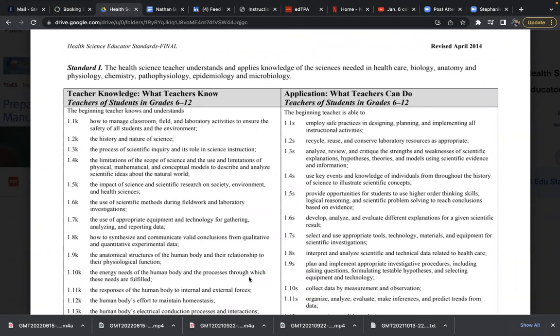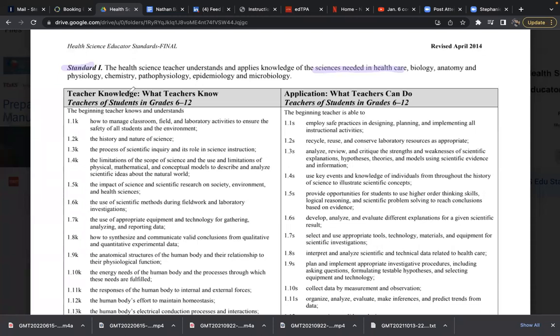Those substandards are broken left and right by their knowledge standards and then the application, the skill. The way that we read this, we have the overarching standard here, and we already identified it's essentially all the sciences needed for healthcare. You have to understand and apply the knowledge.